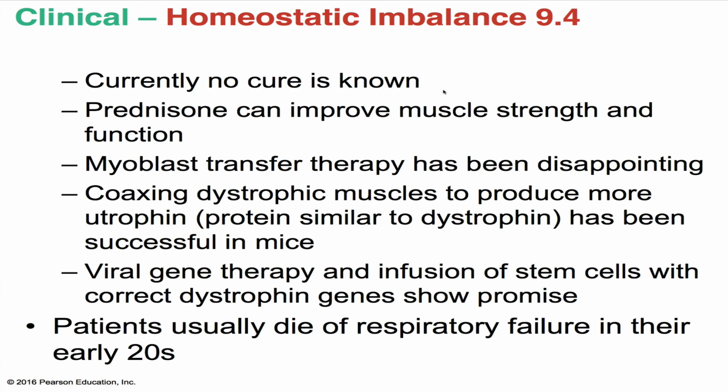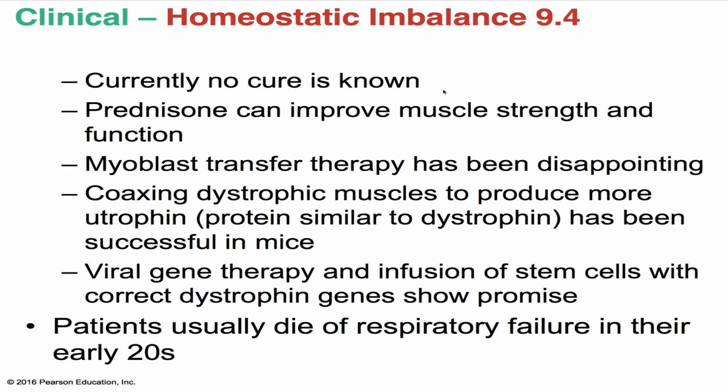Currently, there's no known cure for DMD. Prednisone can help improve muscle strength and function. They've tried myoblast transfer therapy in the past, but it didn't work out too well in humans. It did work out somewhat well in mouse models, but unfortunately not so well in humans. What they're trying now, which is looking somewhat promising, is coaxing dystrophic muscles to produce more utrophin.